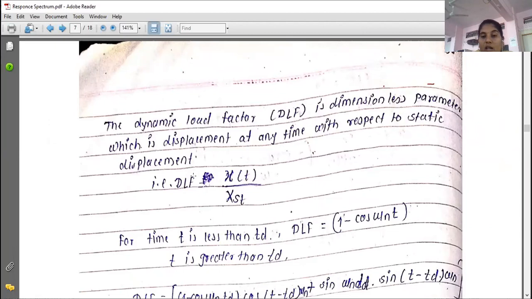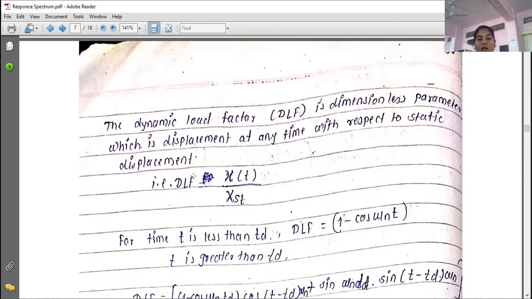Dynamic load factor DLF is a dimensionless parameter, which is displacement at any time with respect to the static displacement.